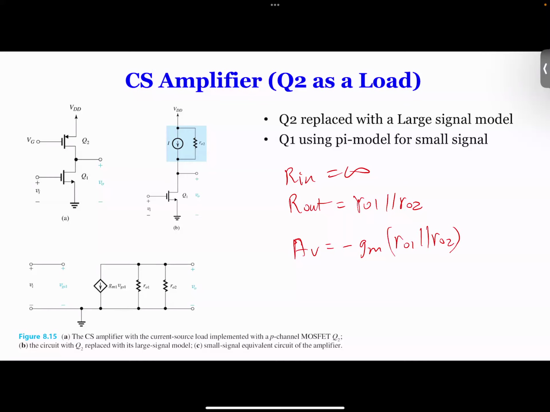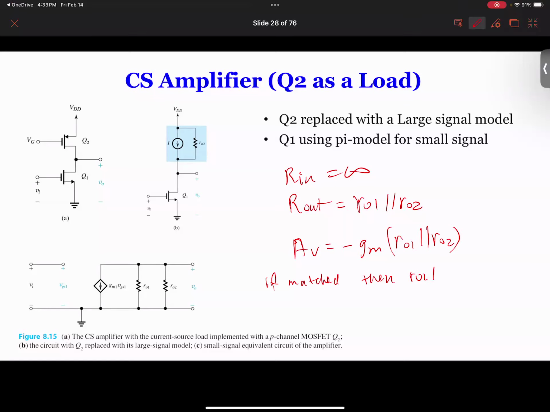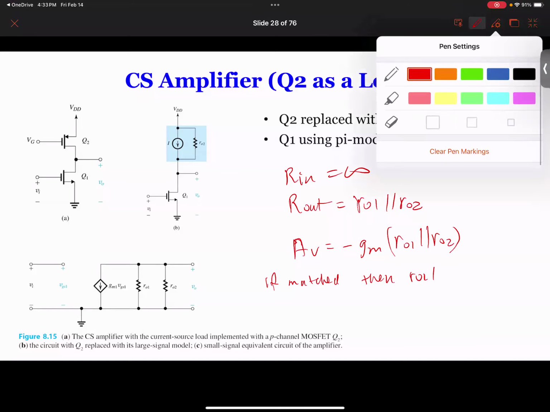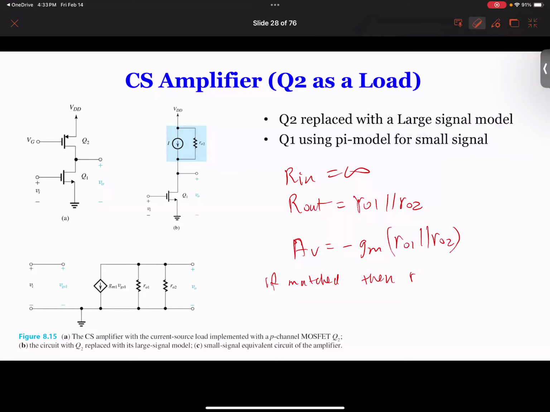Okay, so if we use all matched transistors, and then ro1 and ro2 are going to be the same.